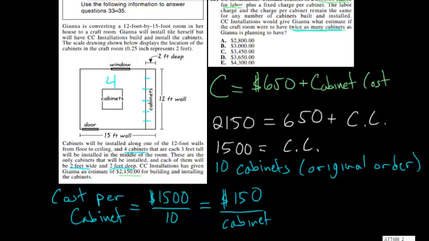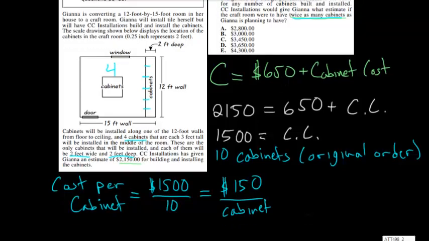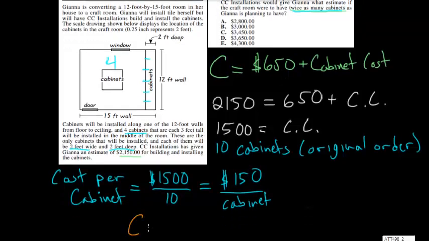We're still going to use the same general cost equation, so we can rewrite it. The cost now for the new order is going to be this $650 for our fixed labor plus our $150 per cabinet.